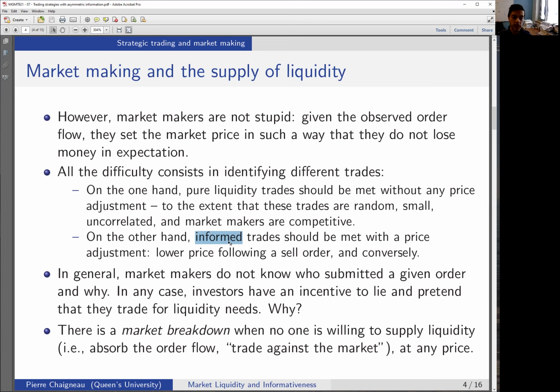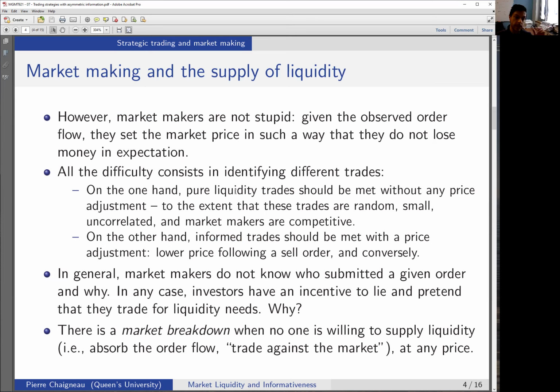Because remember, the liquidity trades should not be met with a price adjustment, but the information-based trades should. So in this case, any investor who was asked by the market maker what is the reason behind his trade would simply pretend that it is purely liquidity-based. Okay, so that the trade would not move the price against this investor.